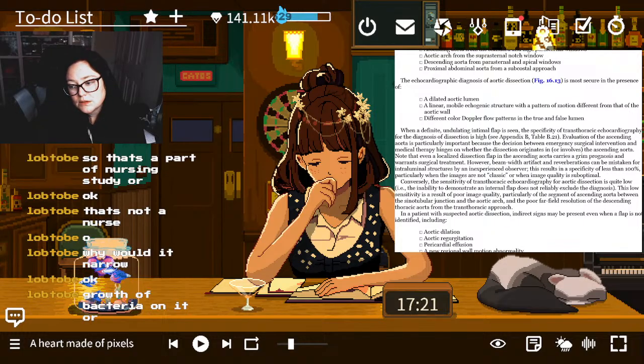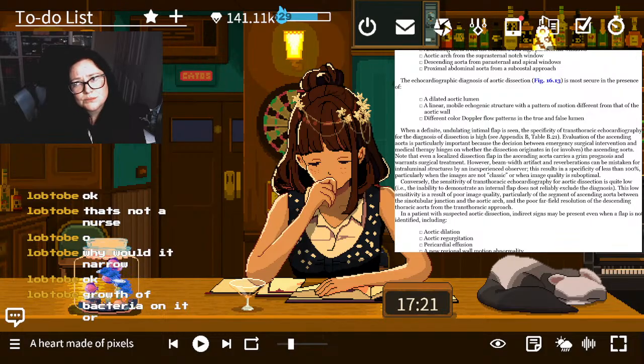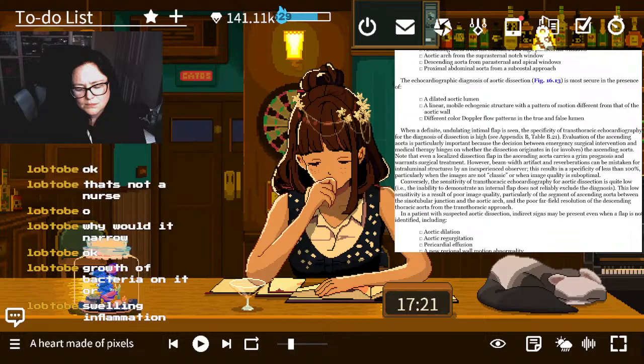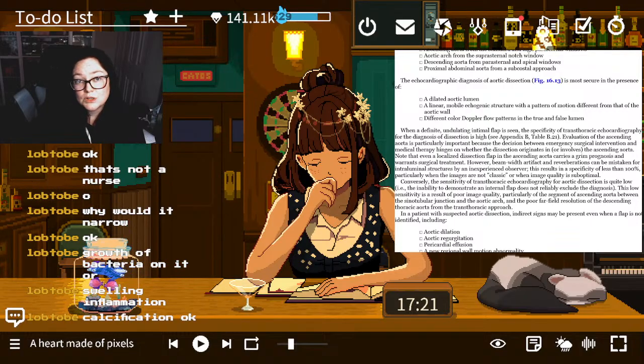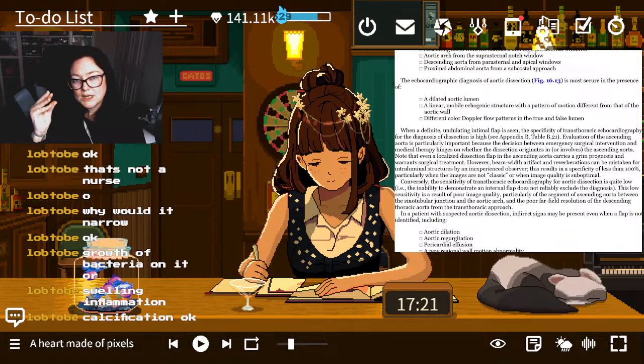Yeah, why would it narrow? Calcification. There's a lot of reasons. I think the biggest reason is rheumatic fever. So if you have strep, the virus can actually cause it to narrow.